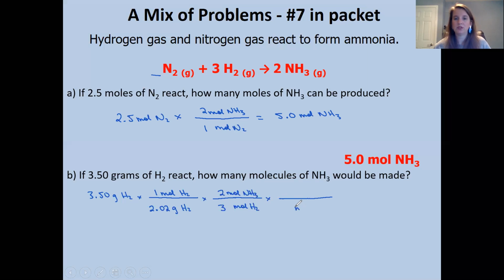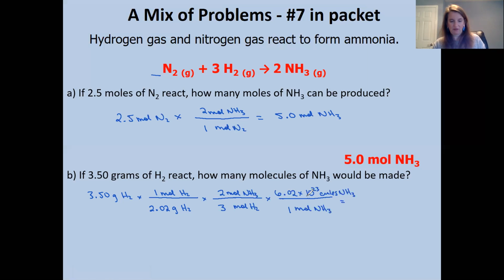So I've got moles of ammonia down here. I can only use that coefficient 1 time, so I'm back to using 1 mole of ammonia here. Since I'm looking for molecules, that means I've got to use Avogadro's number with molecules. So I have 6.02 times 10 to the 23 molecules of ammonia. And I'm looking for molecules. I've got molecules on the top, so I'm done setting up my problem.